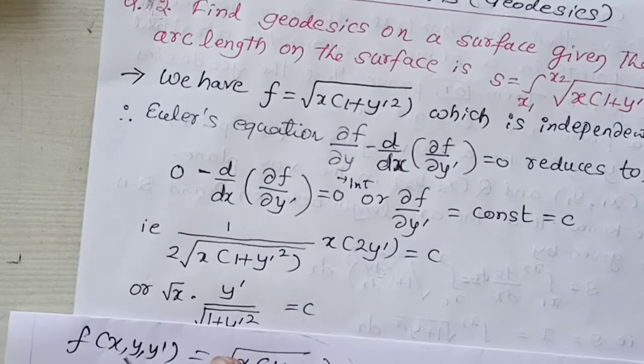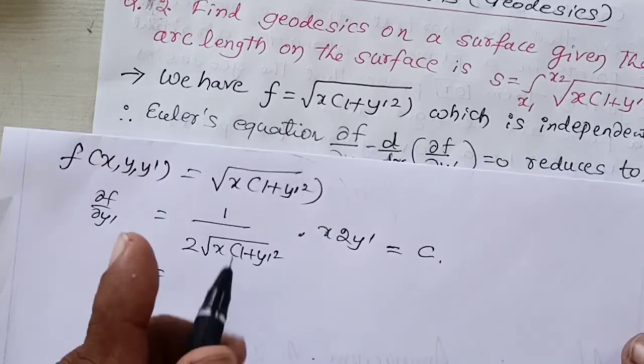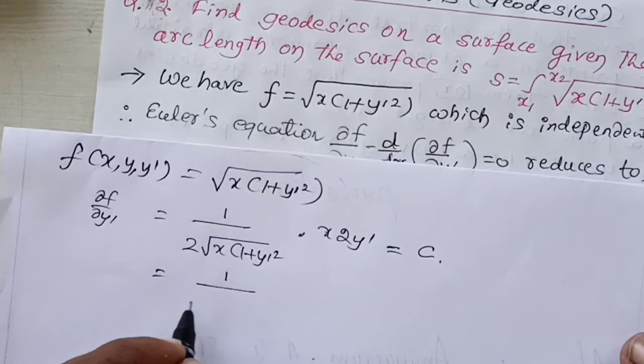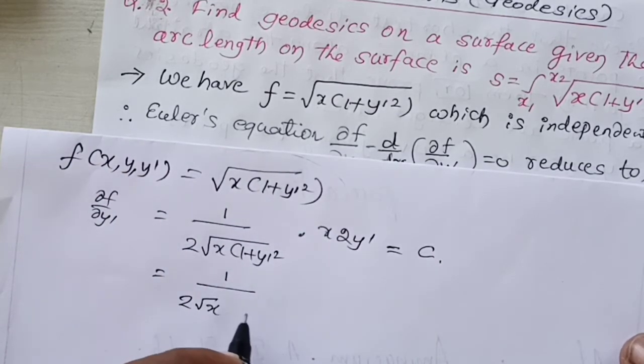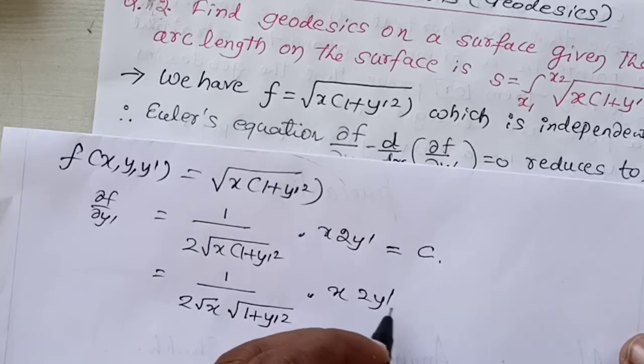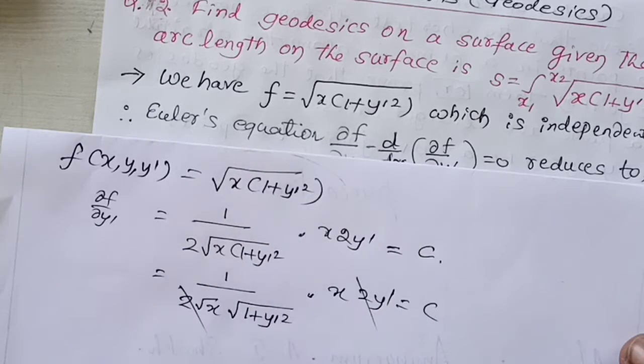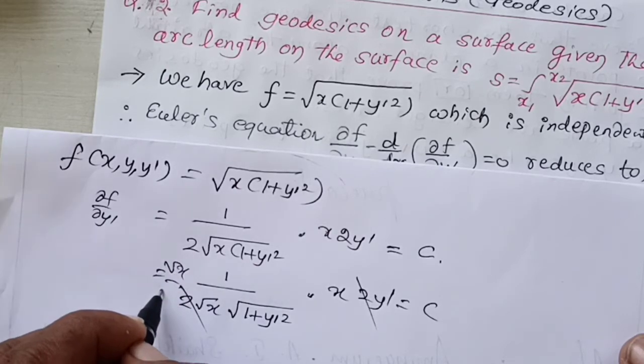Here x is there, and here x is there, so we can multiply by root x divided by root x.